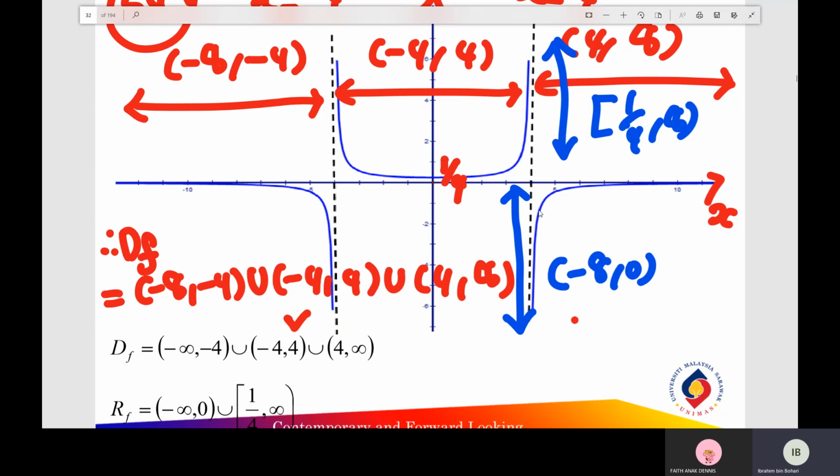The range of the function, bottom up, starts from negative infinity to y equals 0. Yeah, start from your first interval here, and then union 1 over 4 to positive infinity. Yeah, between y equals 0 and y equals 1 over 4, the graph of the rational function does not exist. Yeah. So between 0 and 1 over 4, the rational function here is undefined.